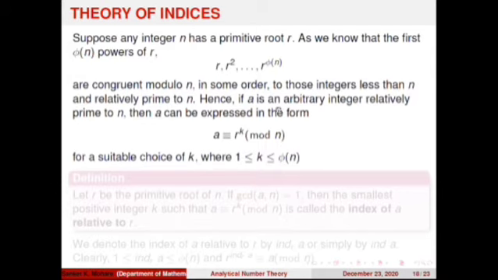Hence if a is an arbitrary integer relatively prime to n, meaning GCD of a with n is 1, then a can be expressed in the form a congruent to r to the power k modulo n, where k lies between 1 and phi of n.